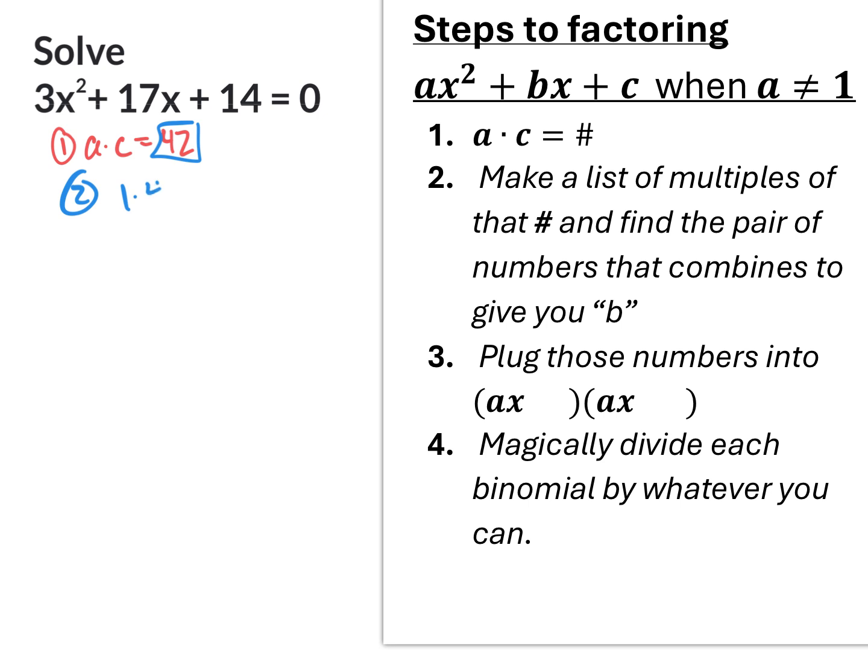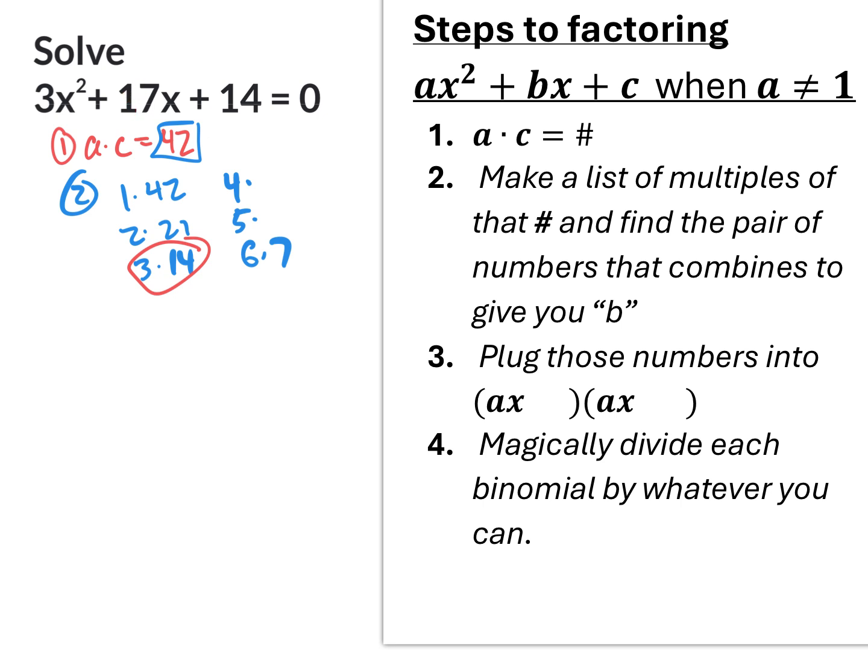So 1 times 42, 2 times 21, 3 times 14, and if you don't know, go with the calculator: 42 divided by 3 does give you 14. 4 doesn't work. 5 doesn't work. 6 times 7 is 42. Out of all these combos, which combines together to give us the middle value 17? That would be the 3 and the 14, as they are. 3 plus 14 is 17, and that middle term is 17.